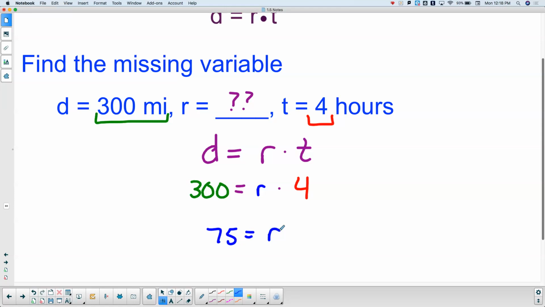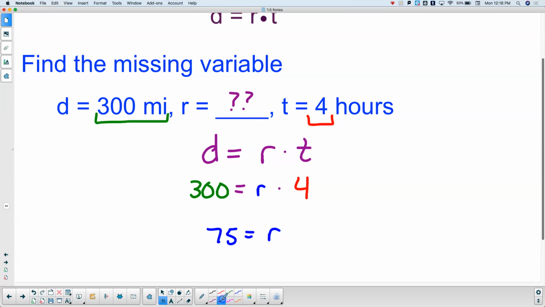Correct? But now this is a word problem, just so you know. Any time that you're given just a regular old equation to solve, we just solve it for whatever variable we're solving for. In a word problem, word problems have labels. Their answers have labels because there's actual things going on in the problem.